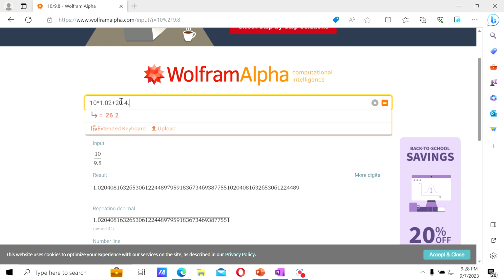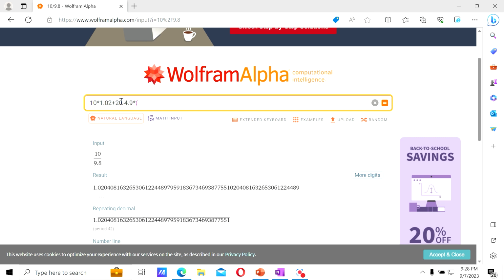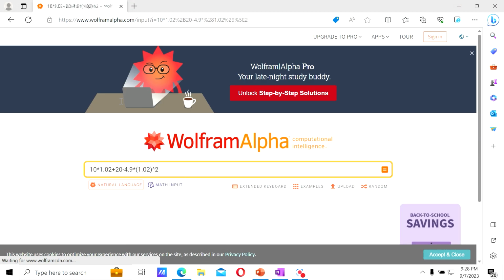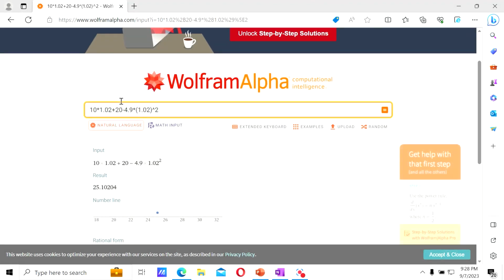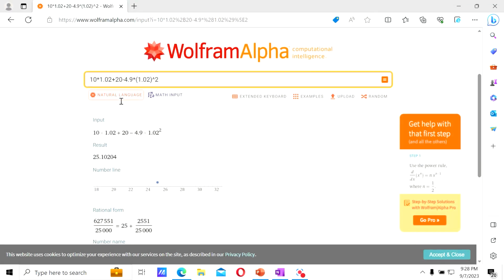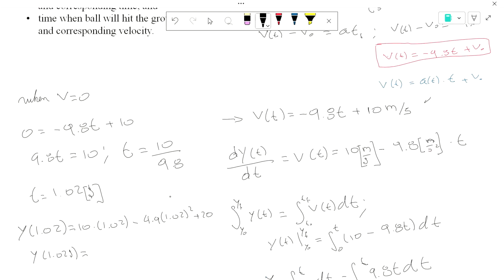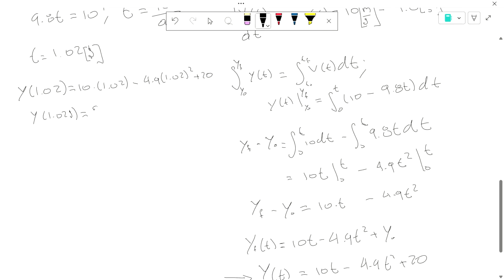minus 4.9 times 1.02 squared, we get 25.1. So 25.1 meters.